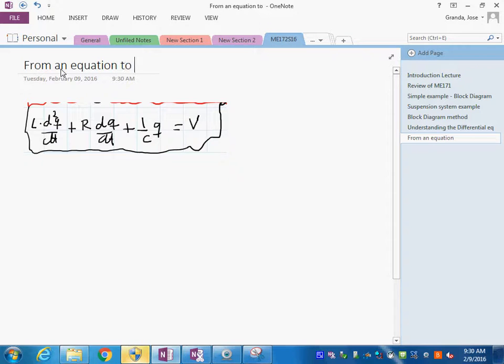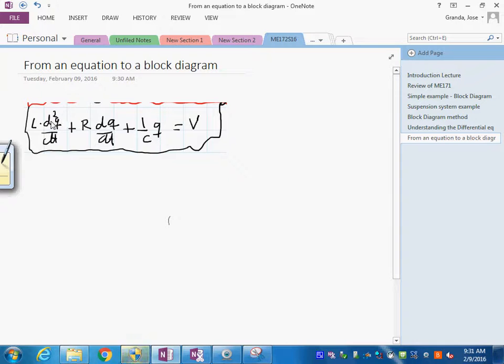So what I would do is let's move all the other terms to the other side, like let these terms to the other side.